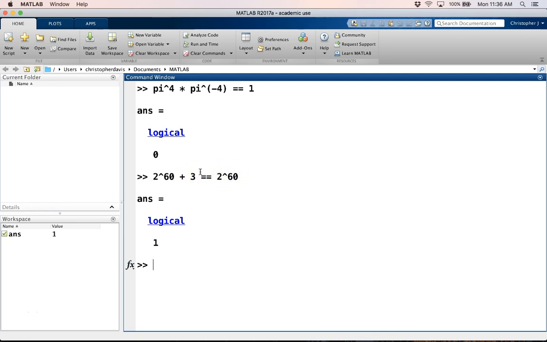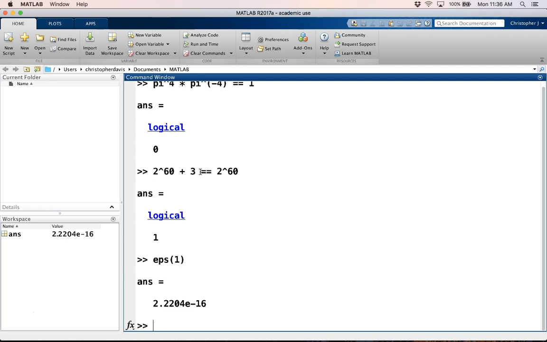And one of the main ways to look more precisely at these kinds of results is with a built-in command in MATLAB called eps. So for example, if I do eps of 1, what do I get? I get the number 2.22 times 10 to the negative 16. That's what this e minus 16 stands for. It's scientific notation.